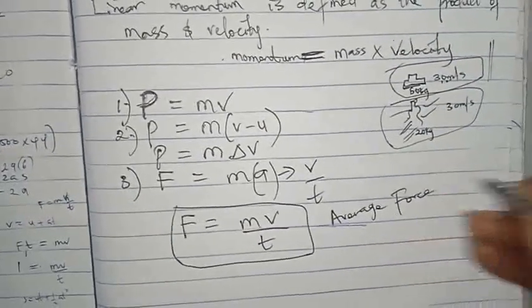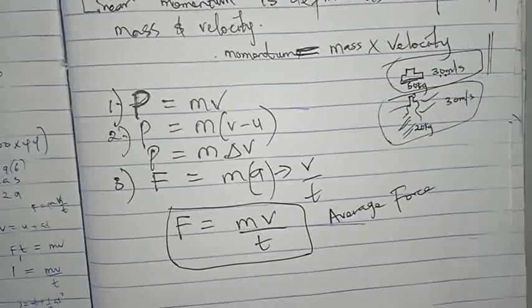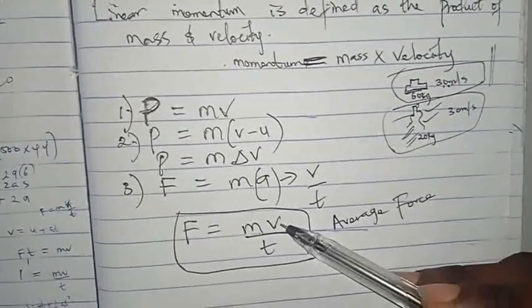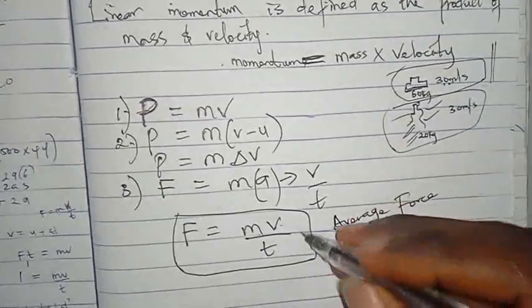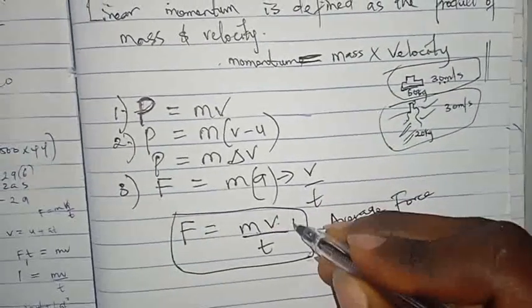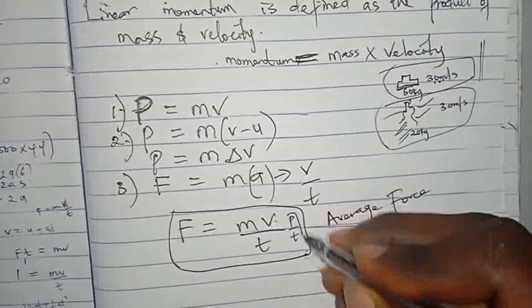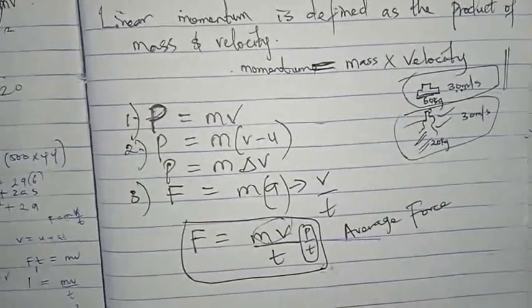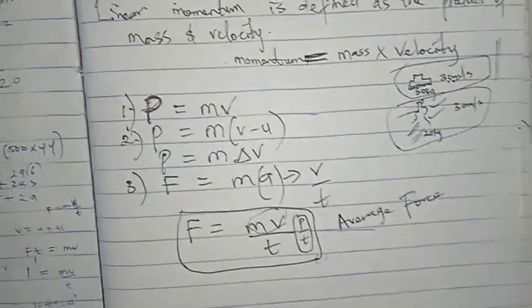This is the formula for average force. It's very important you note this. Whenever you have momentum being divided by time, you say that is average force. So this is the third thing you need to know.